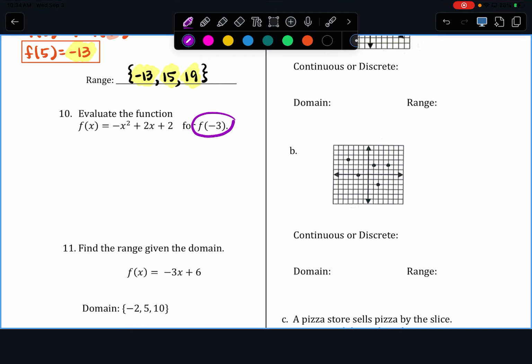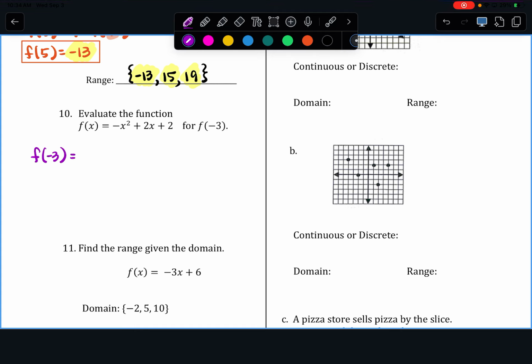No, no, no. That means to go find the f function, oh, here it is, and substitute a -3 in everywhere you see an x. And then work out the problem, right? That's all that means. It looks complicated, right? But it's not.